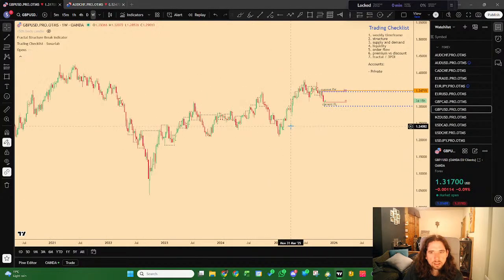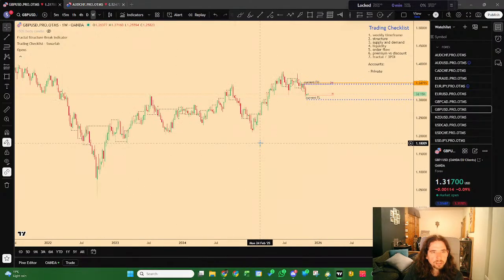GBP USD. Last long one there. So we're recovering bullish.